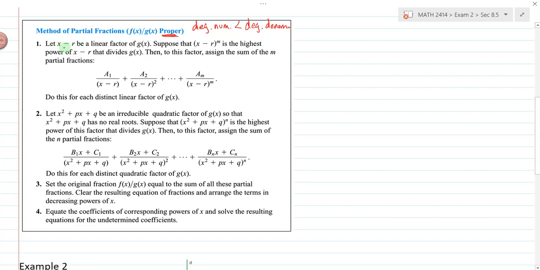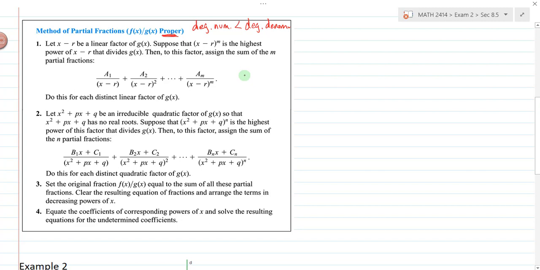So when we expand using partial fraction decomposition, we're going to let x minus r be a linear factor of a function. If we have that factor raised to a power where m is the highest power of that factor, then to expand that, I'm going to have each one of those factors with a different constant over it from the first degree all the way to the nth degree.